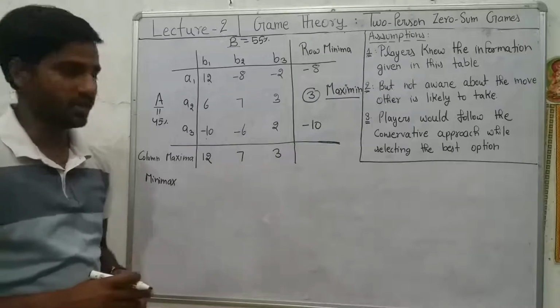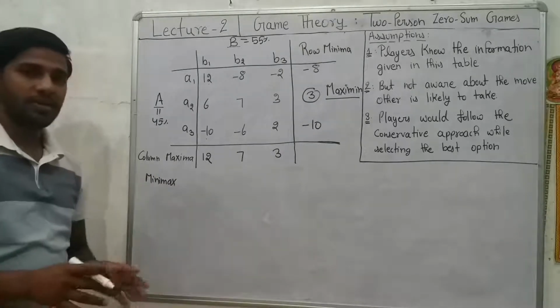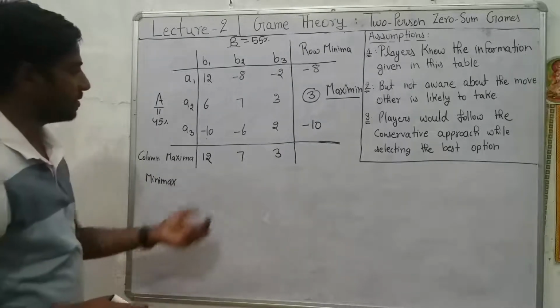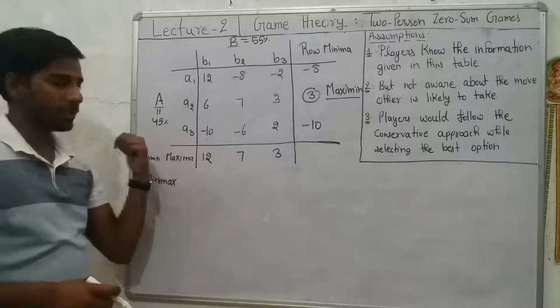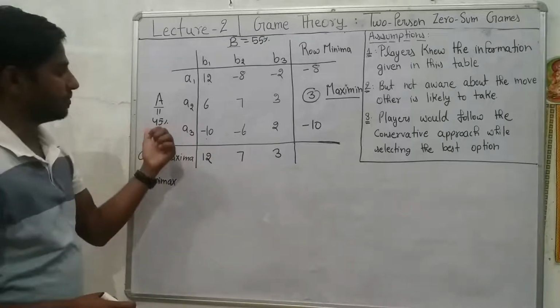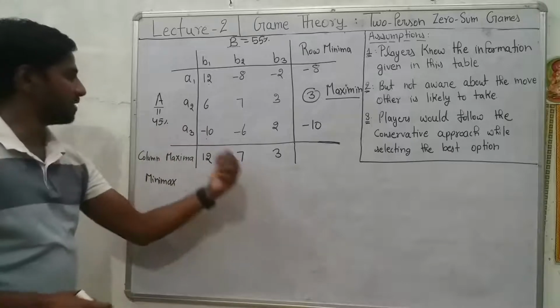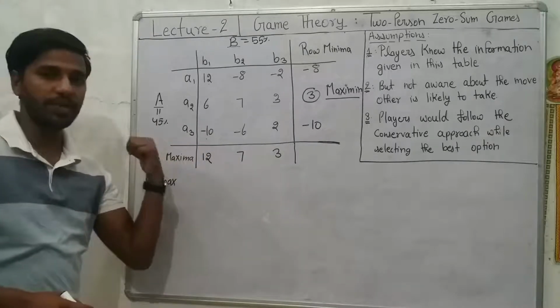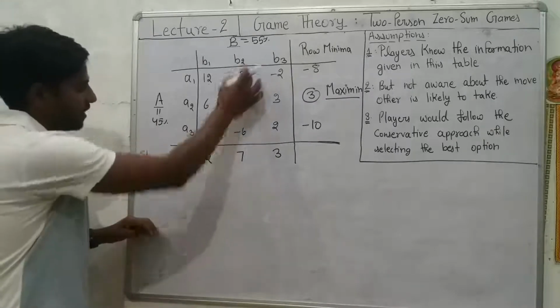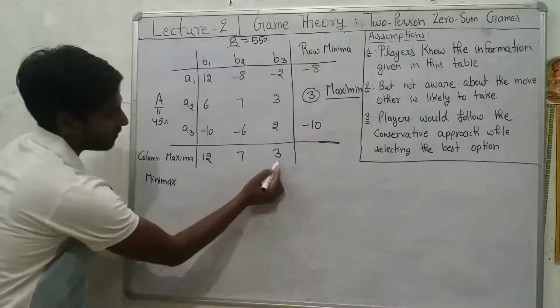So company B is trying to minimize the gain of company A.